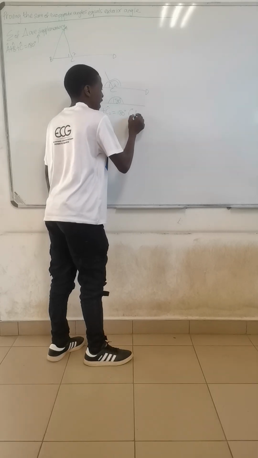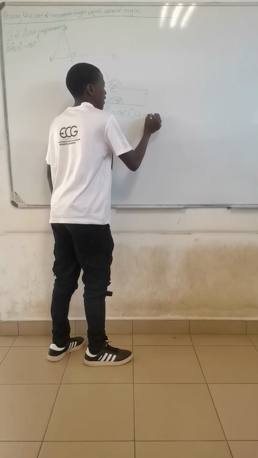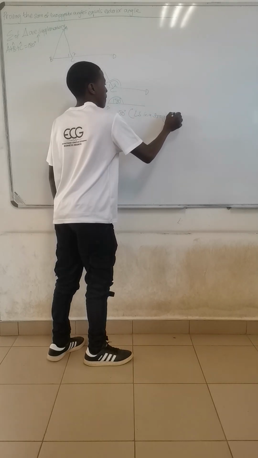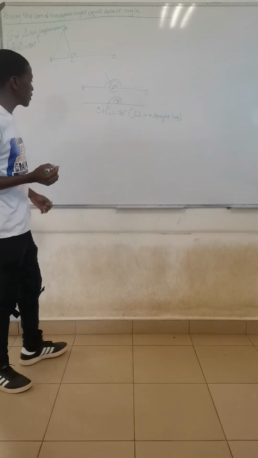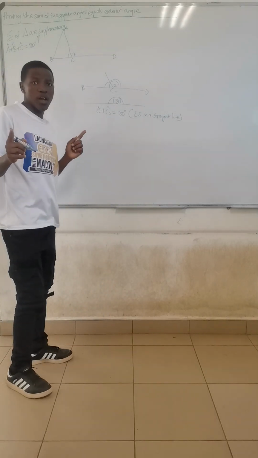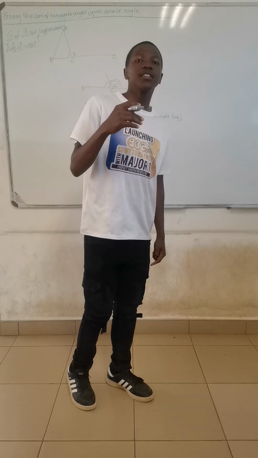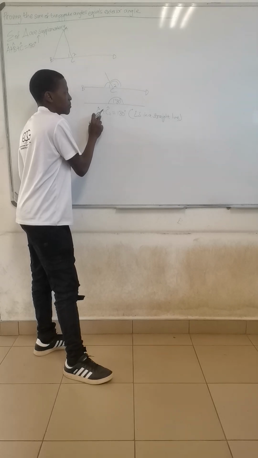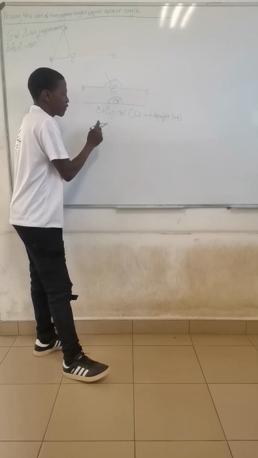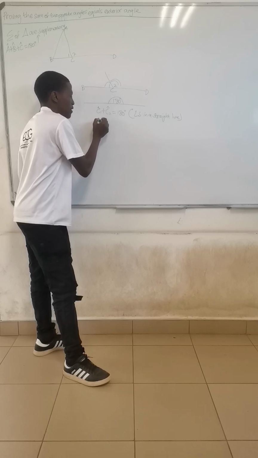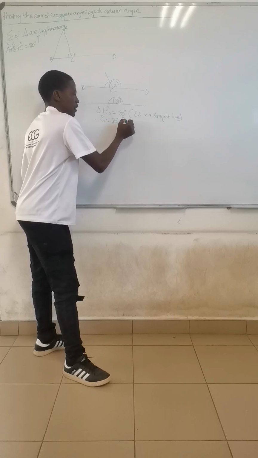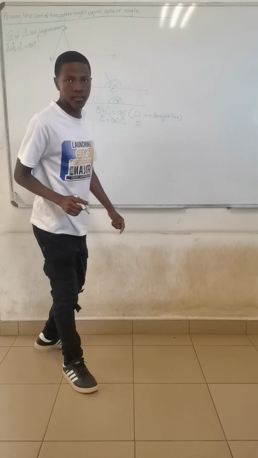Reason being, these are angles in a straight line. So out of the two, I'm going to be doing simultaneous equations. From here, let us make C1 the subject of the formula. Therefore, angle C1 will be equal to 180 degrees minus C2. That is our equation 1.